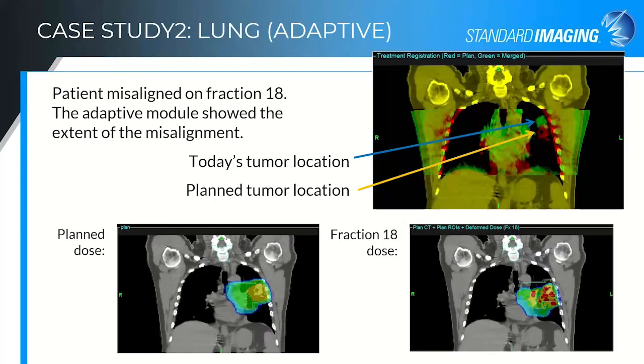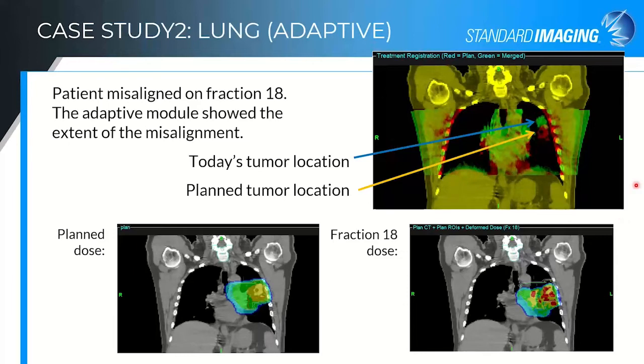And here's the next case that I'd like to go over in the slides before I get to the software. This is a lung plan where the patient was misaligned on fraction 18. The adaptive module showed the extent of the misalignment. With the registration, you can see today's tumor location versus the planned tumor location.